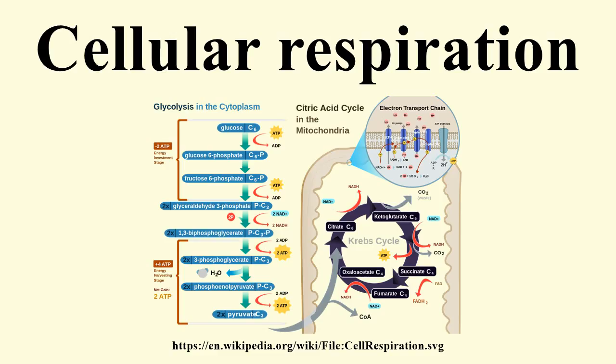Although there is a theoretical yield of 38 ATP molecules per glucose during cellular respiration, such conditions are generally not realized due to losses such as the cost of moving pyruvate, phosphate, and ADP into the mitochondria. All are actively transported using carriers that utilize the stored energy in the proton electrochemical gradient.